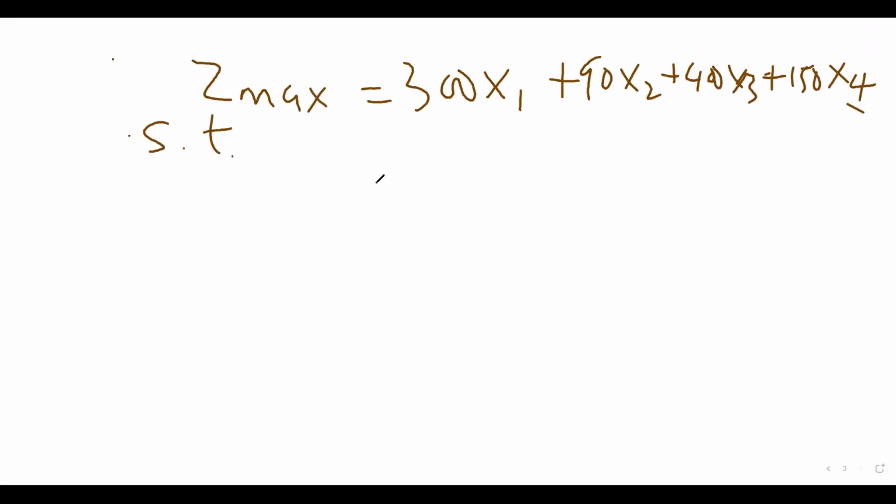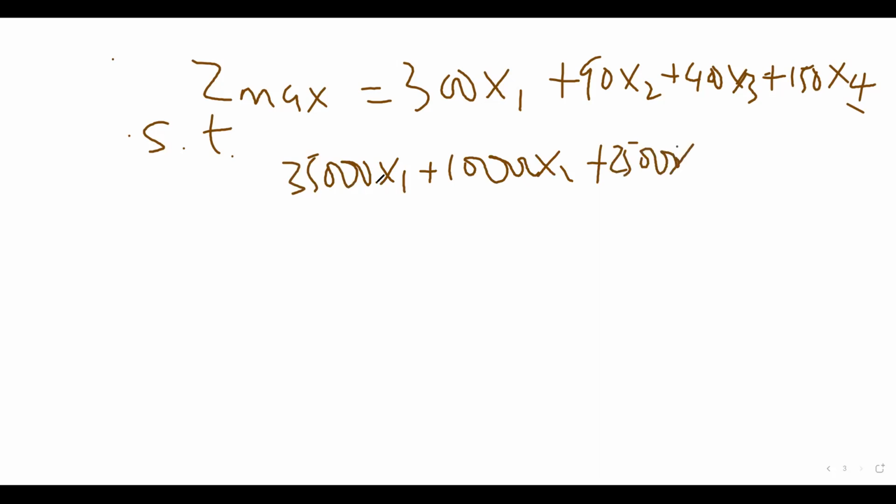So the first one is going to be 35,000. To be honest with you, it's in thousand, but let's write that. 35,000 x1 plus 10,000 x2. And then you had what? 25,000 x3.